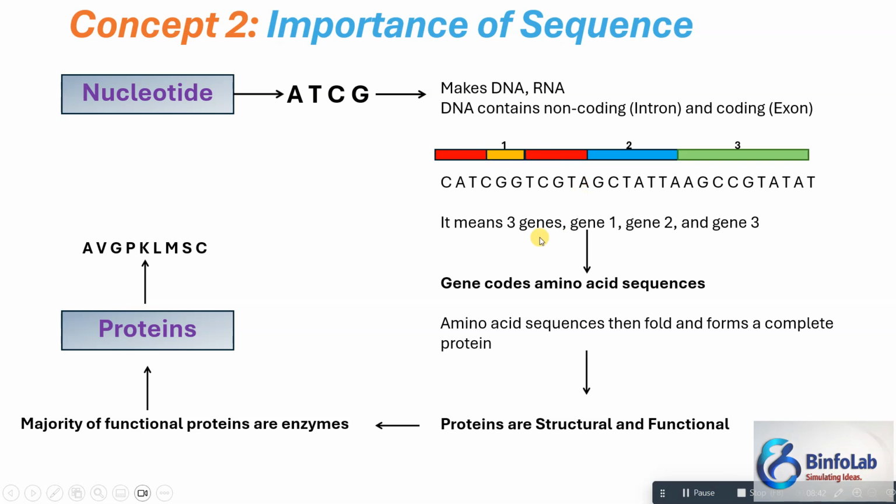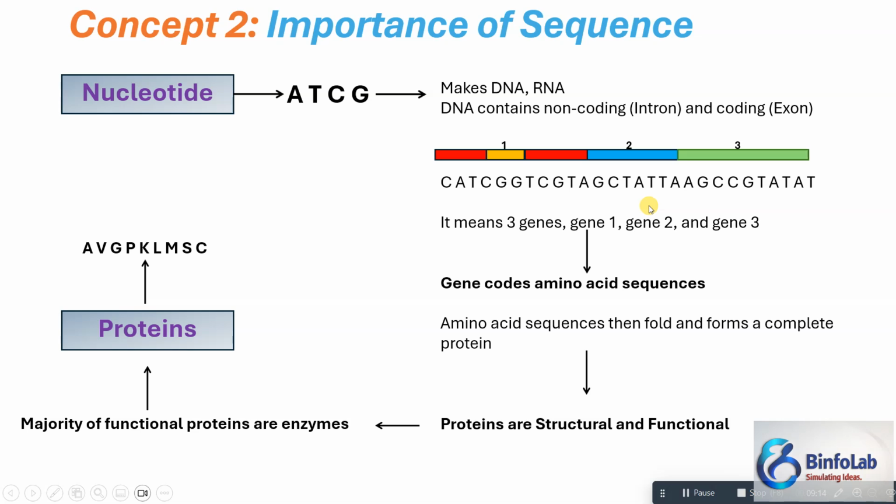Typically, genes code for some product. So that part of DNA which codes for some product is a gene, and that which does not code is not a gene. This is the simplest way I can explain it to you. Okay, so as per this figure, this DNA strand contains three genes: gene 1, gene 2, and gene 3.